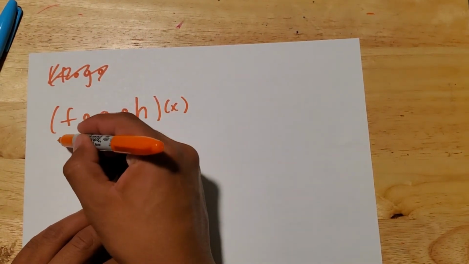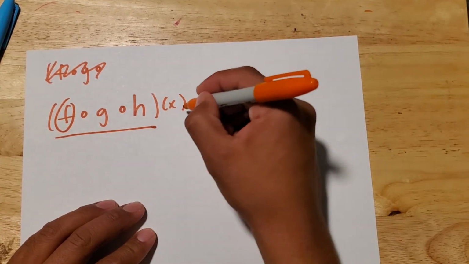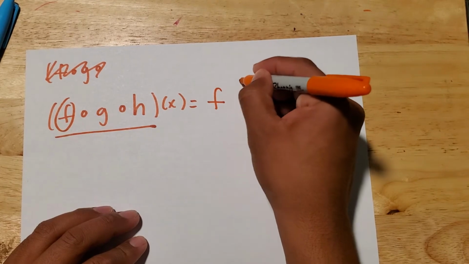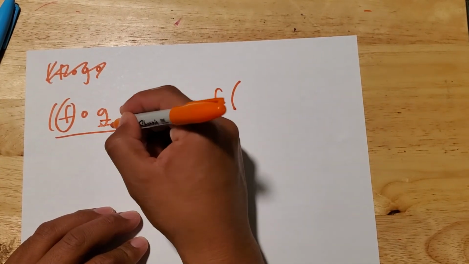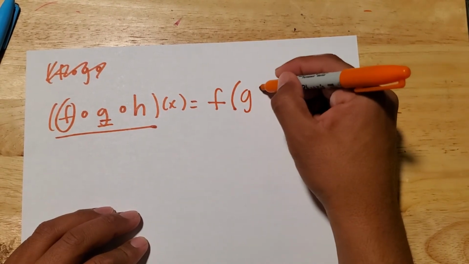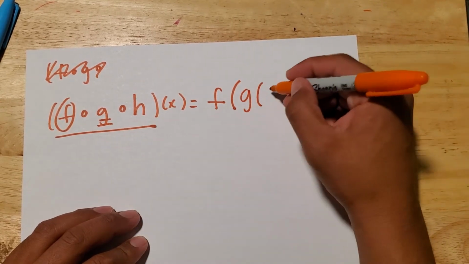But the order always stays the same. The one on the farthest left is always going to be on the farthest left. Then you open parentheses, and the next one on the right goes here, and then you open parentheses again, and then you have your h.